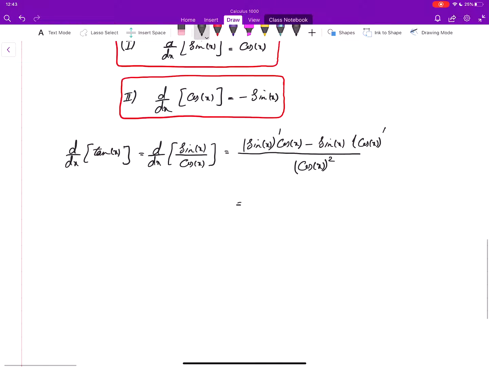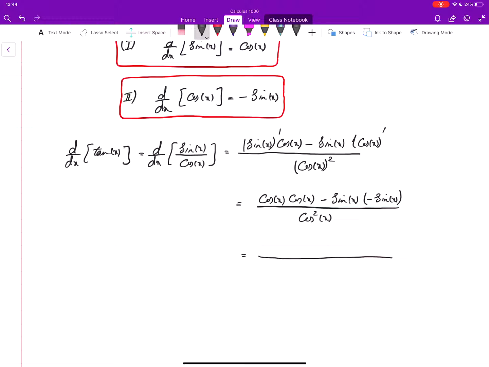Derivative of sine, we just learned, is cosine x, times cosine x, minus sine x times the derivative of cosine, which is negative sine x, over cosine squared x. There's a minus, there's another minus, you multiply, get plus sine squared x over cosine squared x.